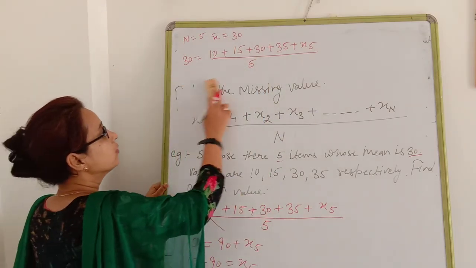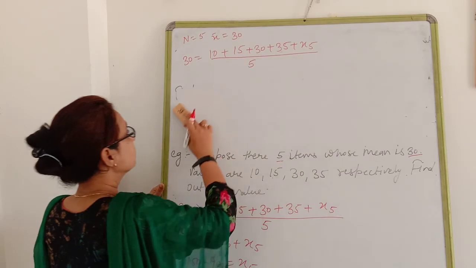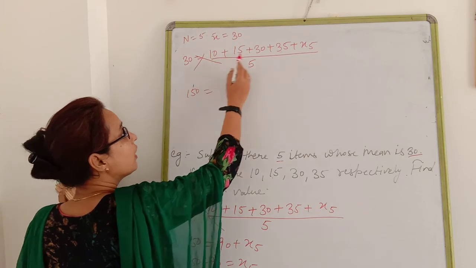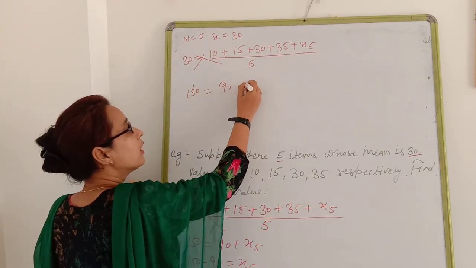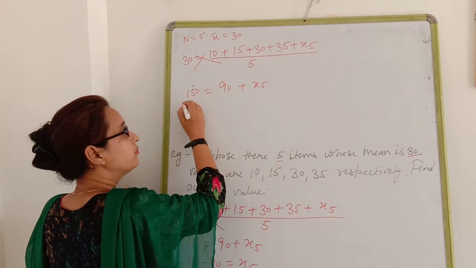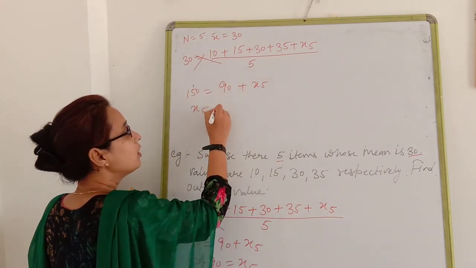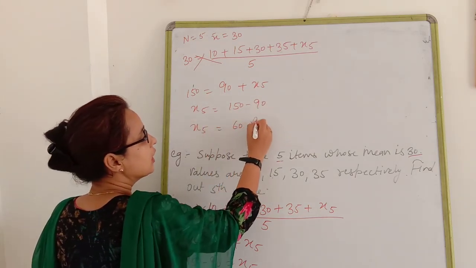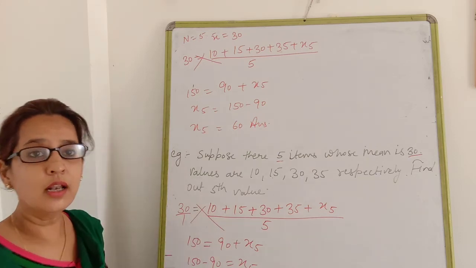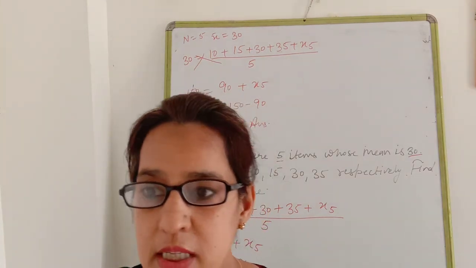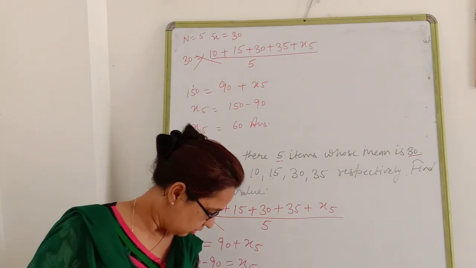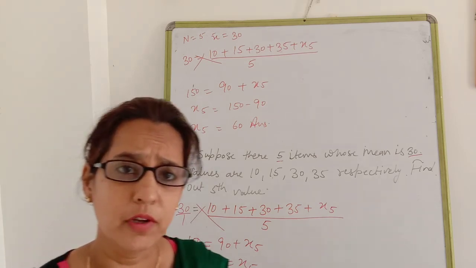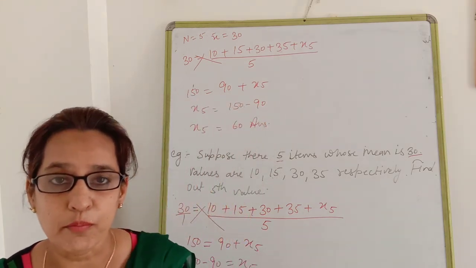Now 30 into 5, 150, equal to, add all of them, 90 plus x5. Clear? x5 equal to 150 minus 90, 60. It is also very simple how to find the missing value from the arithmetic mean. Now the next topic we will discuss later on, that is combined mean.